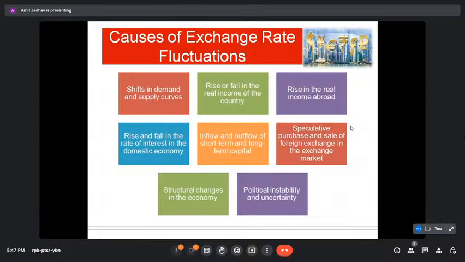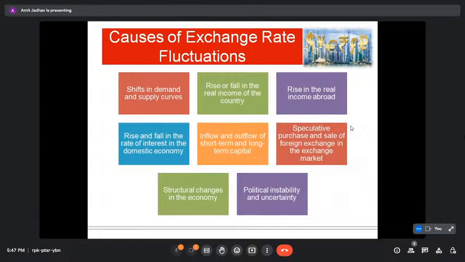So basically, there are various factors that have an impact on fluctuation of our exchange rate, and these are some important factors we discussed. The first is the shift in the demand and supply curve. Second, the rise or fall of the income of domestic people, and a rise in real income abroad also has an impact on the changing exchange rate. Similarly, the rise and fall in the rate of interest in the domestic economy.